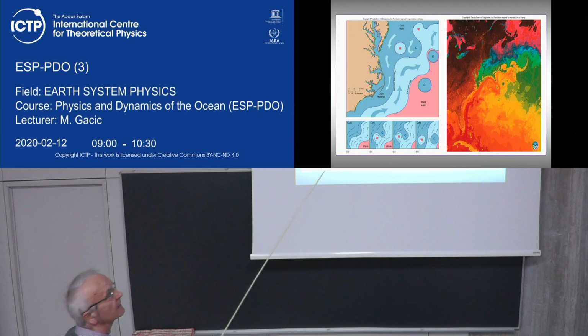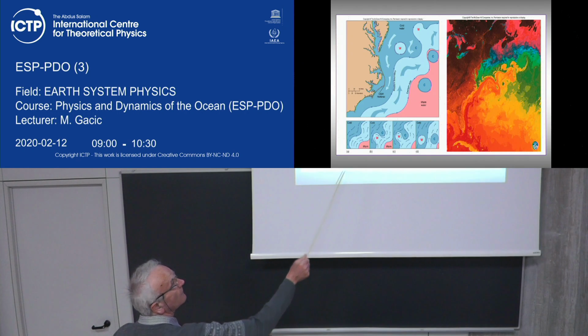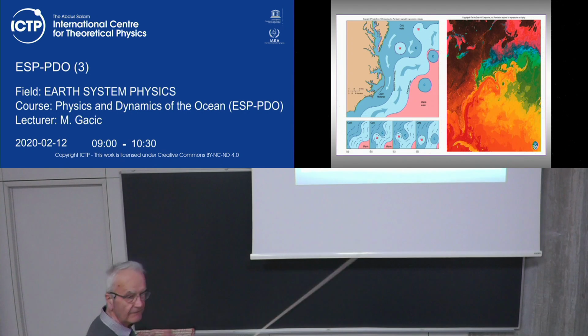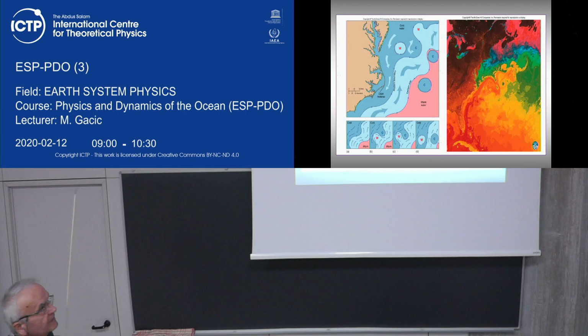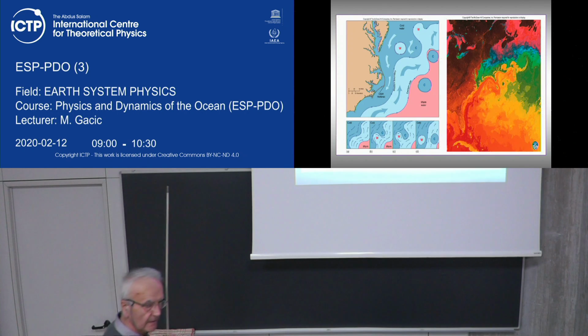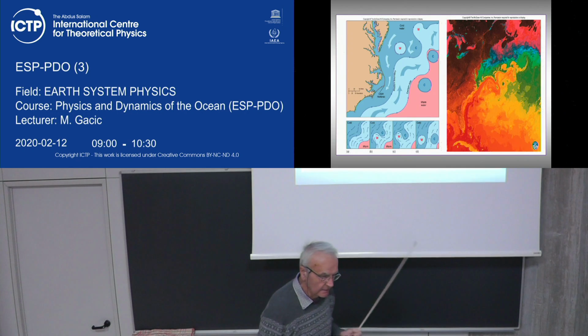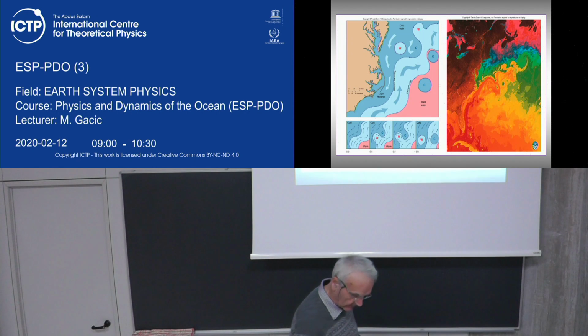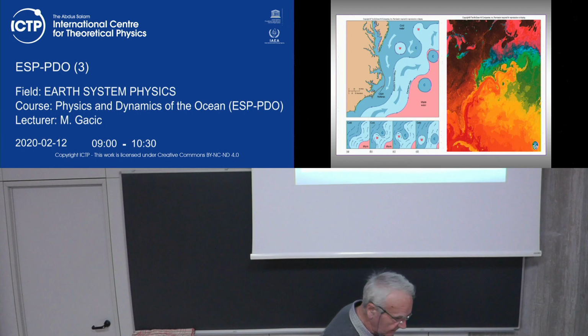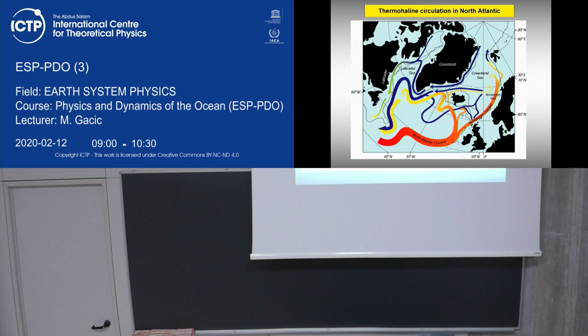So we have the cyclonic eddies, and you have the anticyclonic eddies on the left-hand side of the Gulf Stream. So this is what the real structure of this western boundary current is, and how it looks from real remote sensing measurements.